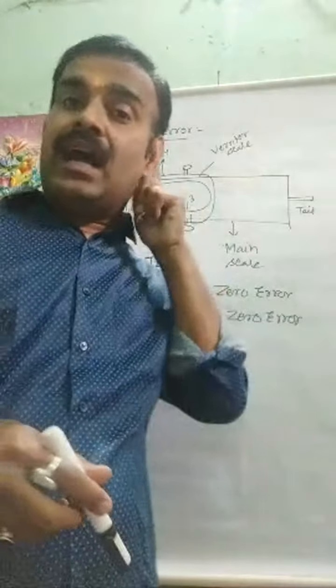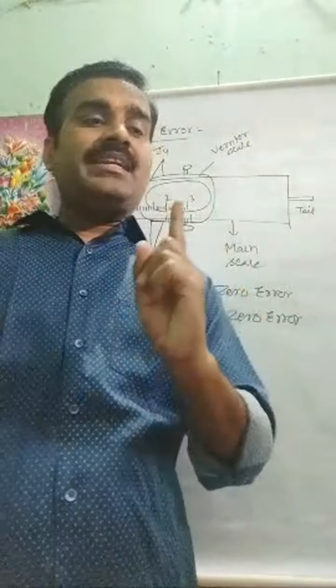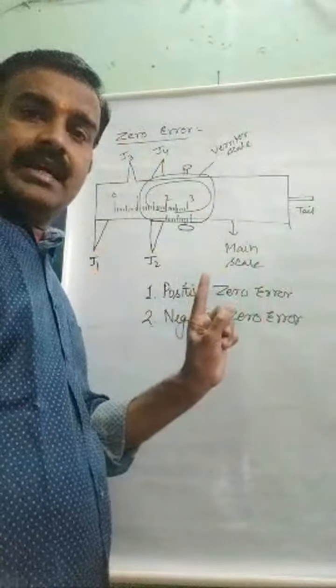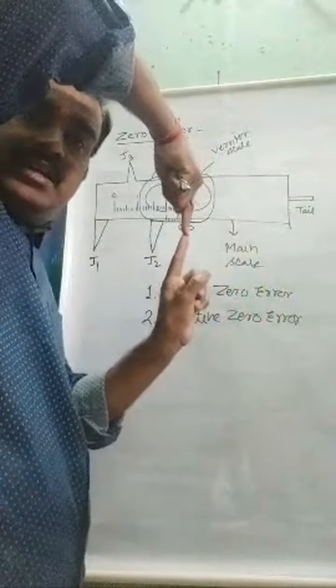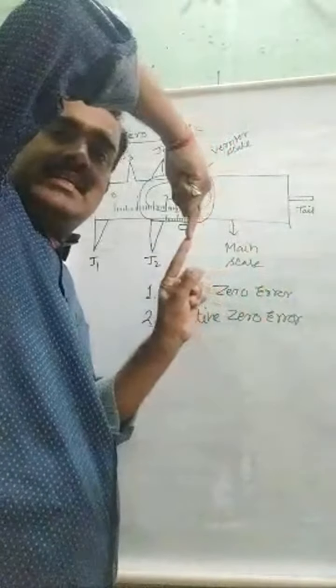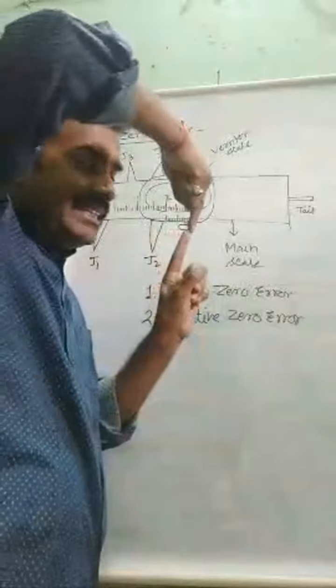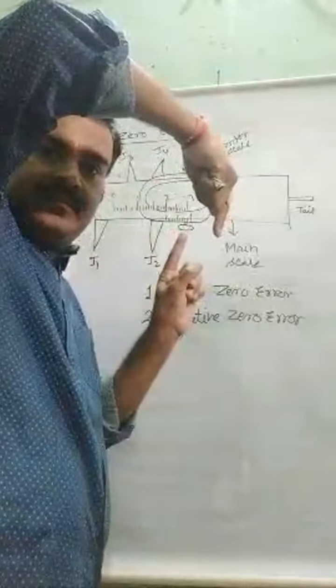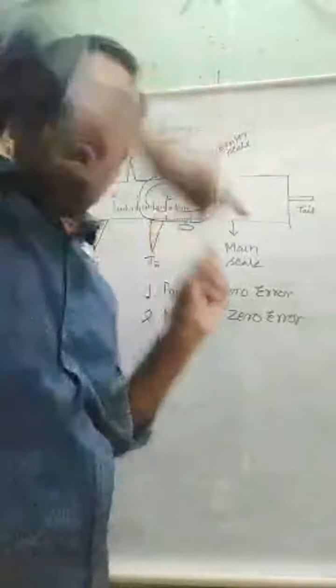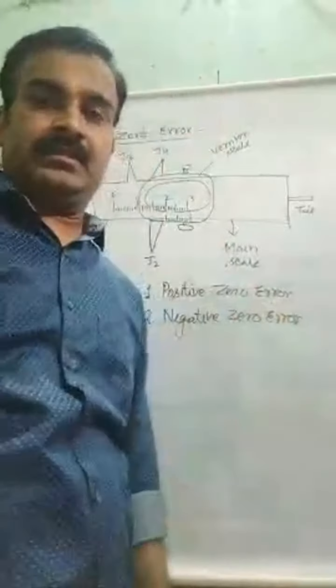Okay, suppose this one is the main scale, and if the zero of the Vernier scale is going this side, right hand side, that means it will have the positive zero error.